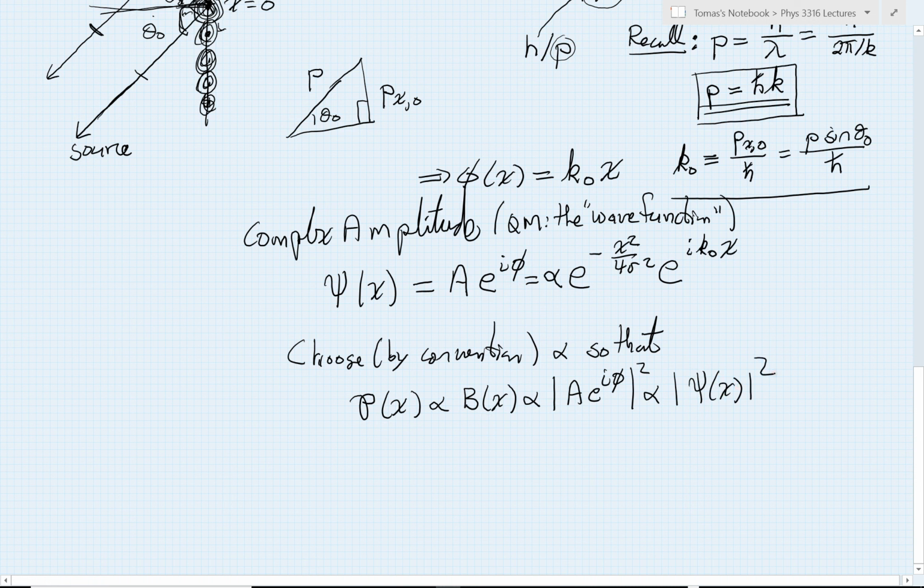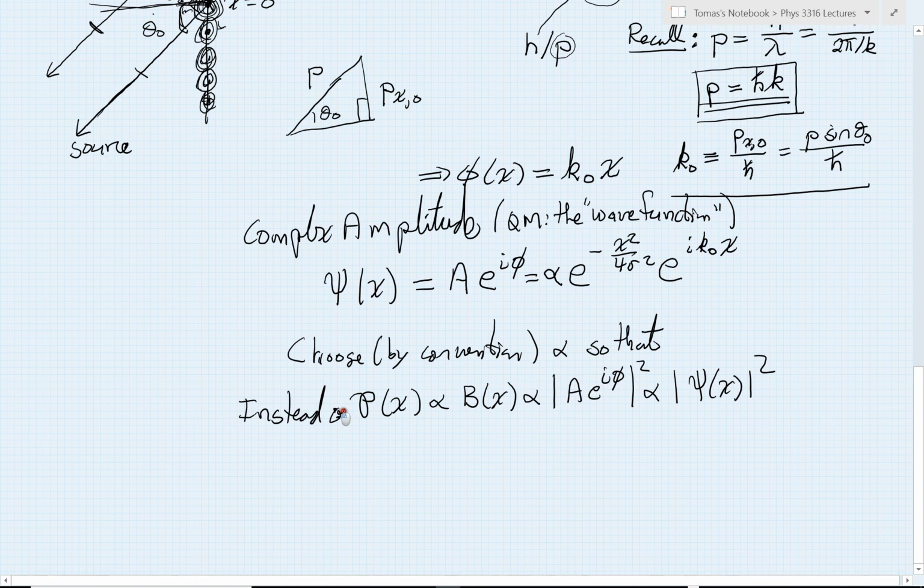I want to choose alpha so that instead of this chain of proportions with potentially arbitrary proportionality constants, we have the following. I would like to choose alpha so that the probability distribution in x is strictly equal, without a proportionality constant. I'm going to choose the normalization of psi, this constant prefactor, so that probabilities are actually given directly as the square of my wave function.